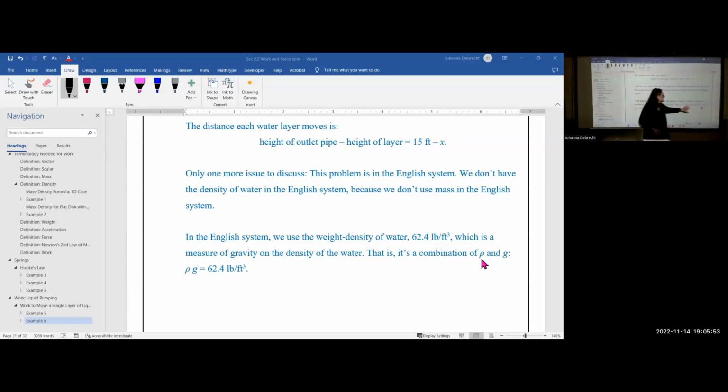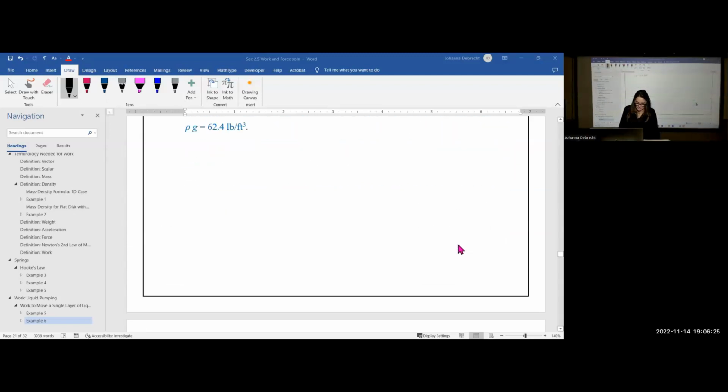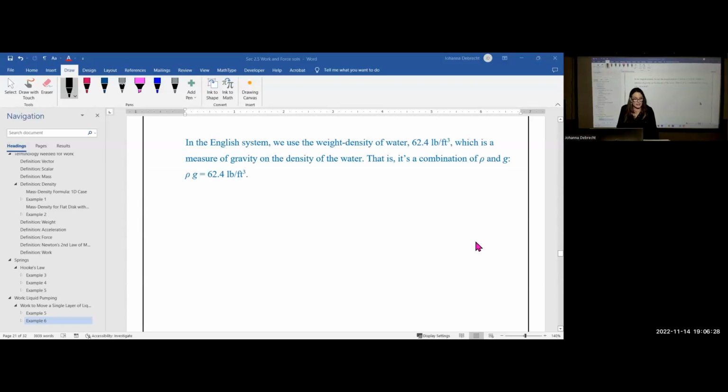So we already have the density multiplied by gravity. So it gives us rho and g in one fell swoop, and that's 62.4 pounds per cubic foot. So this is the weight density of water in the English system of measurement. So this gives us rho g. Now, rho times the volume will give me the mass, and the mass times the gravity gives me the force. So I need to multiply this rho g then by the volume in order to get the force on our particular slice. And we're ready to go ahead and set it all up.